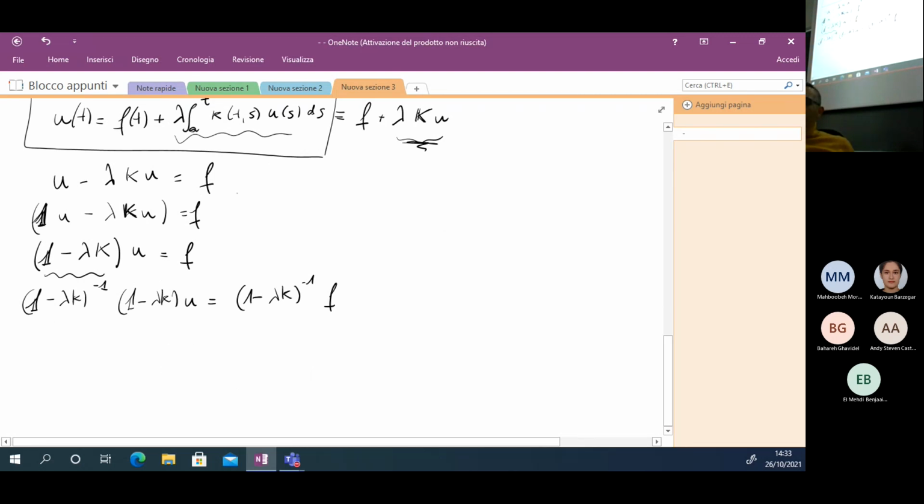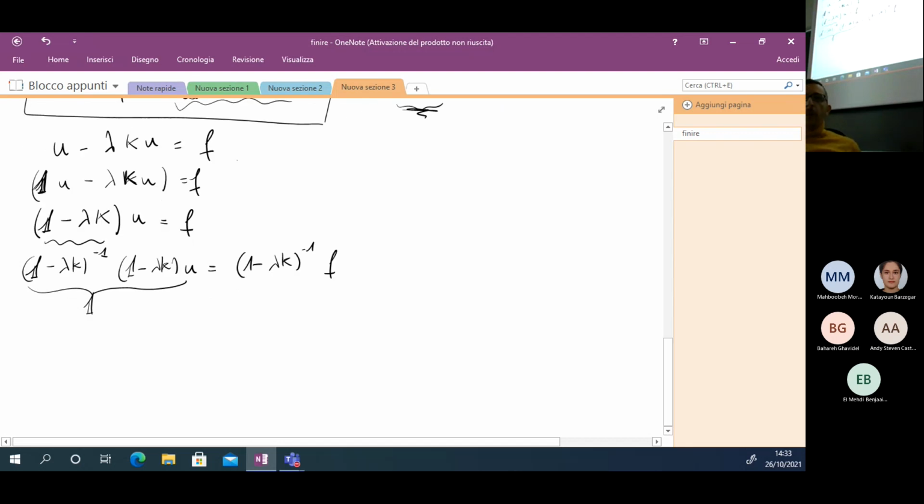So the inverse of an operator times the operator is like the inverse of a matrix times a matrix. It's the identity. So this object here is an identity. Then what I get is identity times u equal to identity minus lambda K to the minus 1, this minus 1 is the inverse of the operator, applied to the function f.